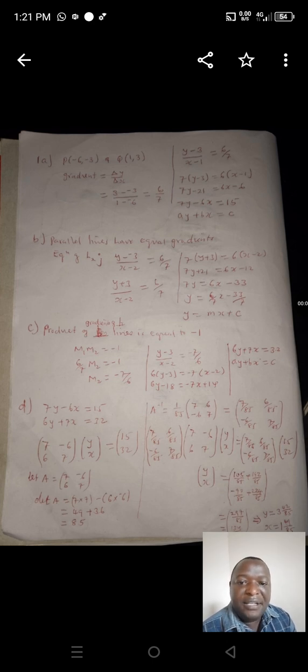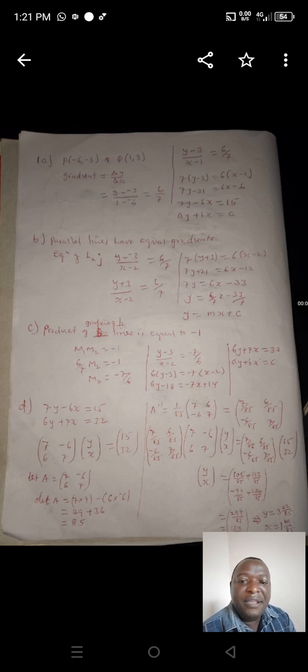So the gradient of line L1, which is 6 over 7, equals the gradient of line L2, which is also 6 over 7. So we take (y - (-3)) over (x - 2) is equal to 6 over 7, which simplifies to (y + 3) over (x - 2) is equal to 6 over 7.